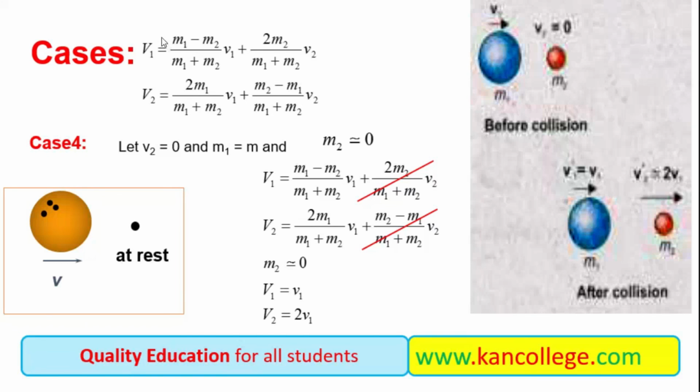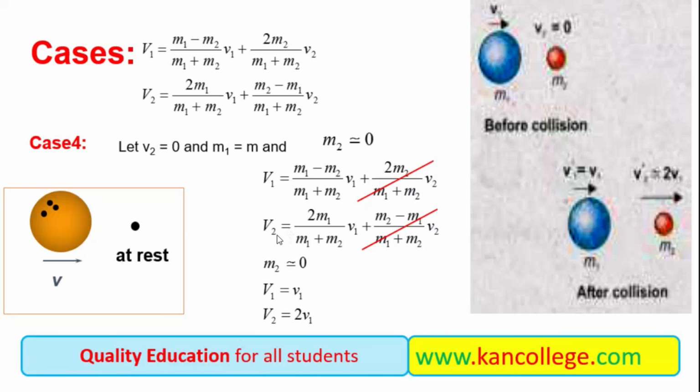As we know these two equations, and we put the values as we have considered, v2 is equal to 0, so two terms become 0. And m2 is almost 0. So m2 is 0 means m1 over m1 cancels. v1 dash is equal to v1. It means the heavy blue ball will continue its speed, no effect on the blue ball.